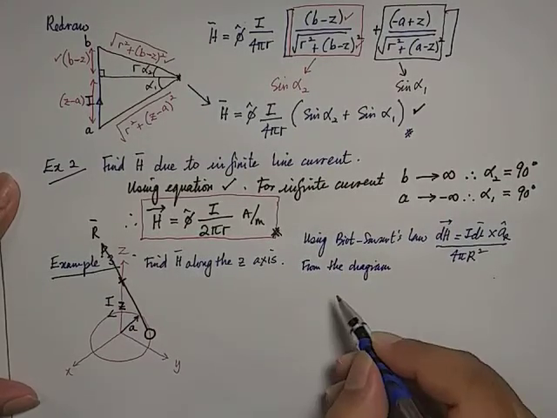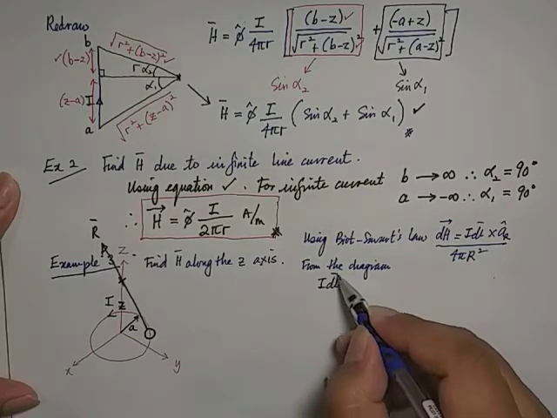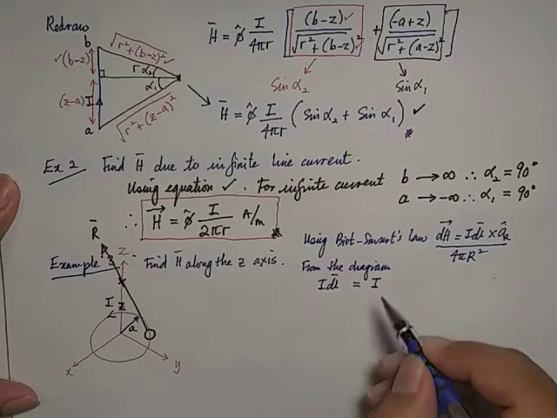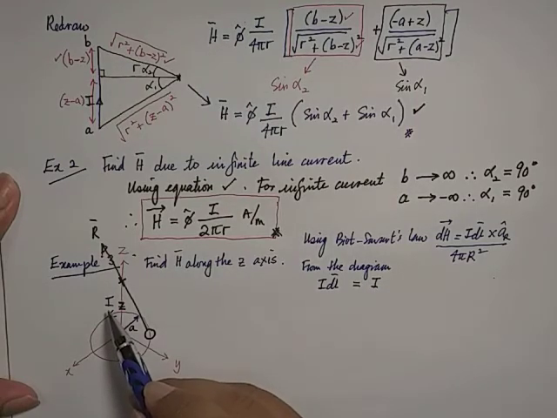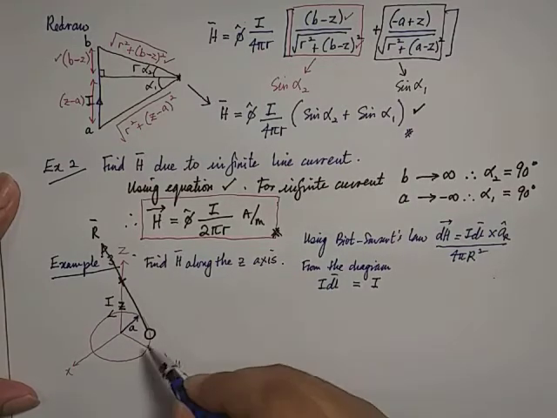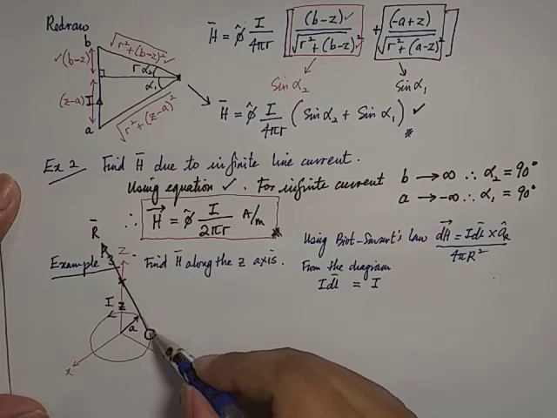Okay, what we can observe, I dl should be equal to what? The sample here. I still remains I because I is the magnitude of the current. If the problem gave 2I, we would have to put 2I here. And then how about the dl? So the dl here, based on our cylindrical coordinate vector, this segment is changing in terms of phi, correct?